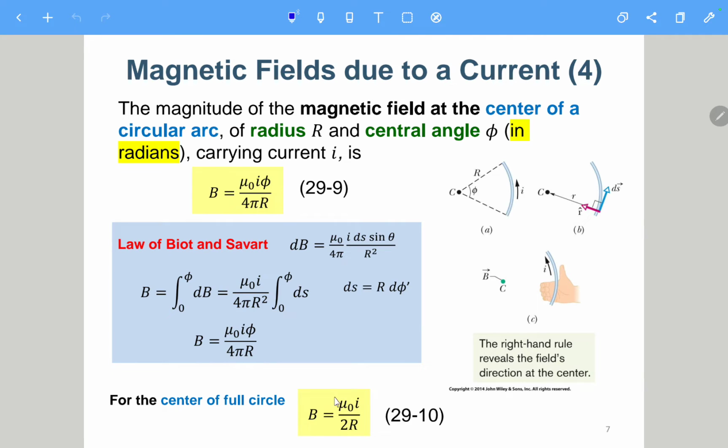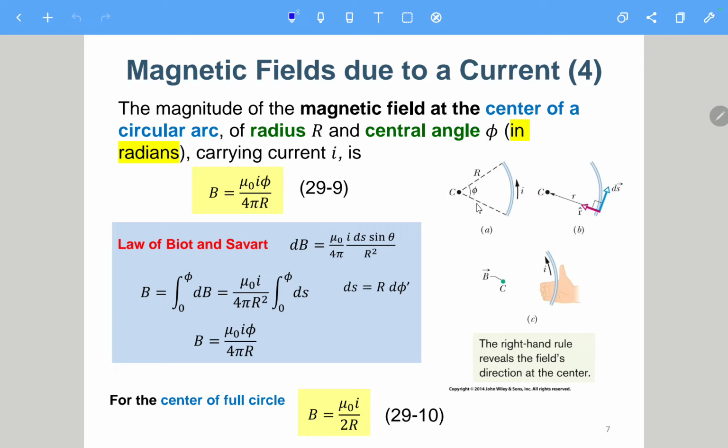Okay, so next thing is here we don't have a straight wire, we have a wire of a circular arc. Okay, so here it says the magnitude of the B field at the center of a circular arc of a radius r and center angle phi in radians carry current like this.